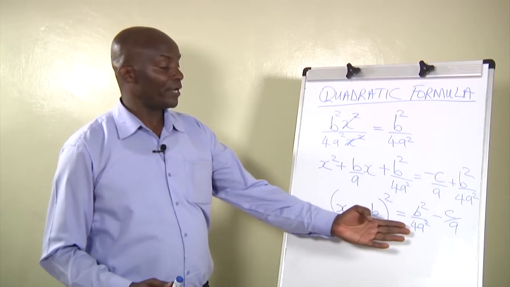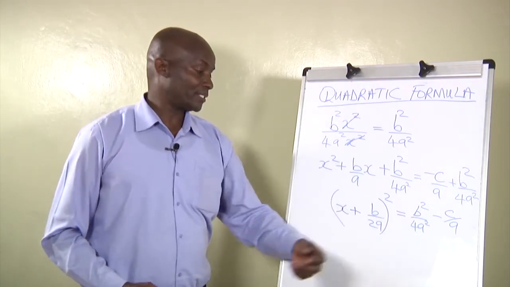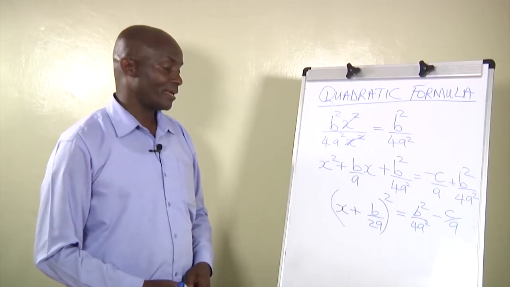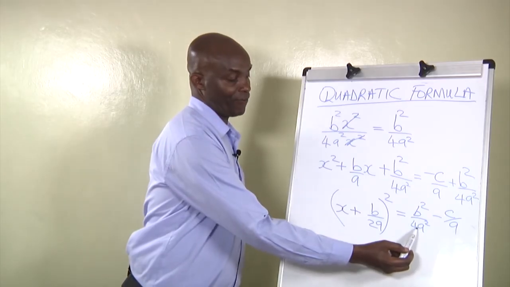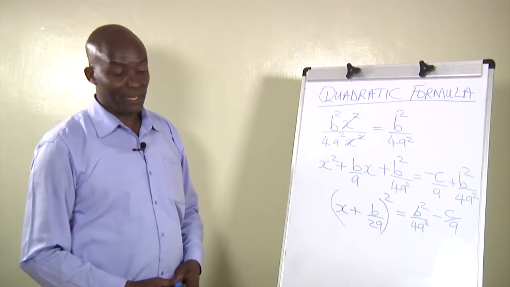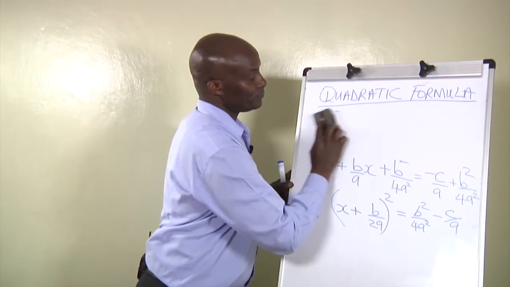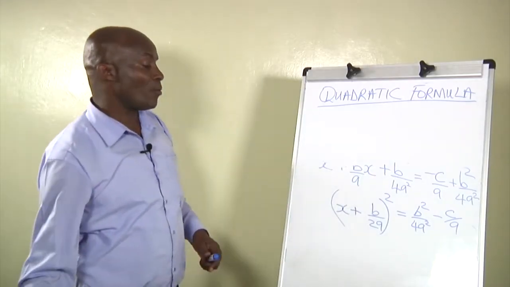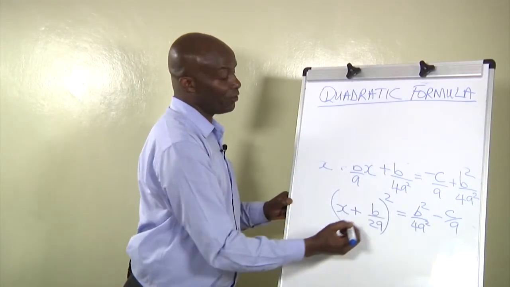What we need to do now is to get the LCM on the right-hand side. And what do you think the LCM is? Here we have 4a squared, and this is a. The LCM will be 4a squared. So now, when we get the LCM, we can write the right-hand side as a single fraction.